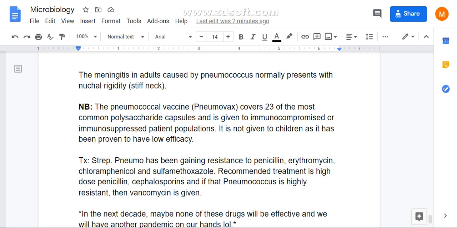So instead of the normal dose, you give maybe double or triple the dose of penicillin. Then cephalosporins, and if the pneumococcus is especially resistant to everything else, they will give the silver bullet, vancomycin, right?